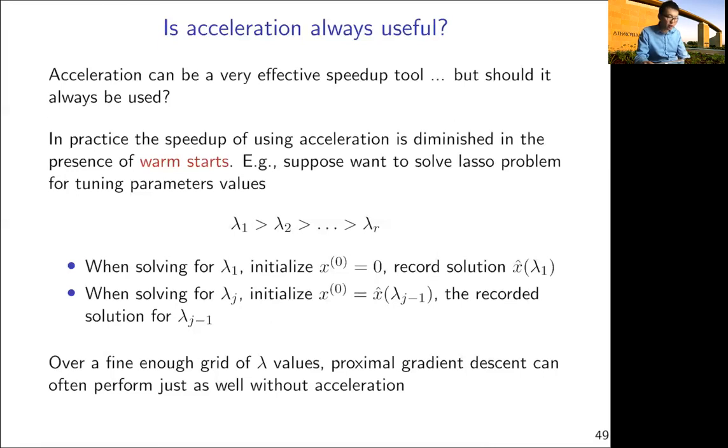So suppose we first solve the problem for the largest lambda, lambda 1, and then use the optimal solution that we obtained from lambda 1 to initialize that of lambda 2, and then keep solving that until the smallest lambda of interest. And if you use warm starts, then it turns out that the standard proximal gradient method is actually not too much slower, or more or less on par. Suppose you use the accelerated gradient method.